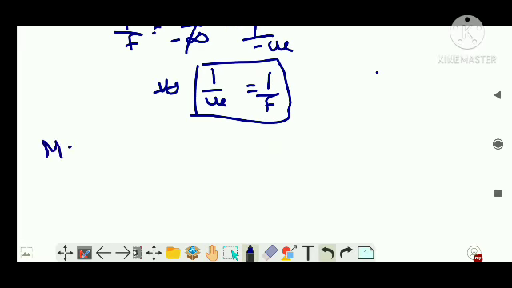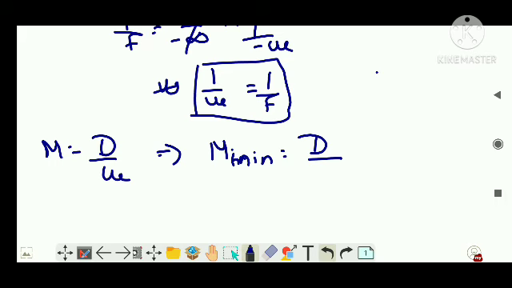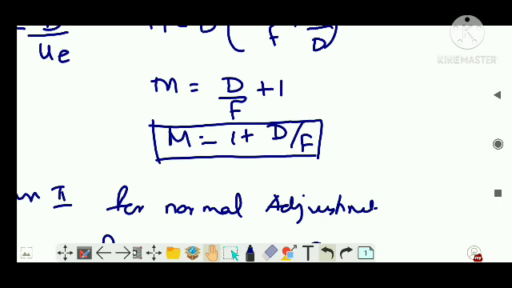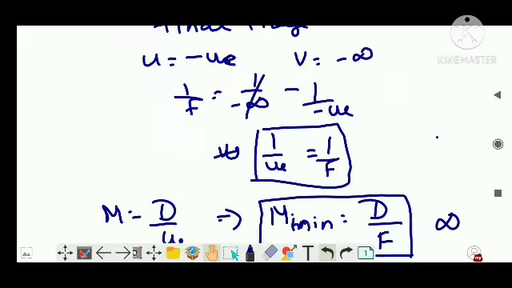Now, again back to the previous equation. What is the magnification of a simple microscope? It is D by UE. Substitute this value. That is, the minimum magnification of a simple microscope is D by F, right? That is happening when the image is at infinity, and maximum magnification is 1 plus D by F when the image is at D. Keep that in mind.